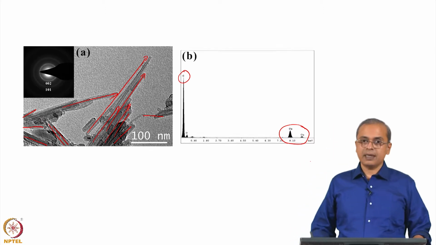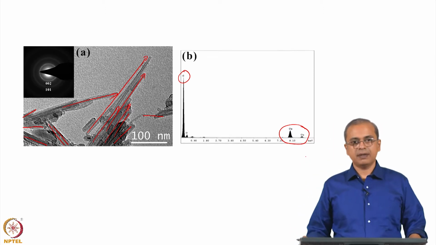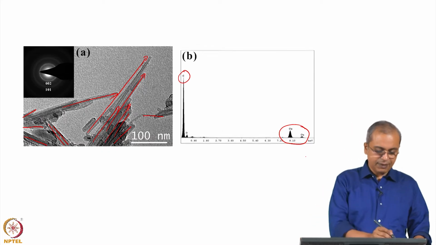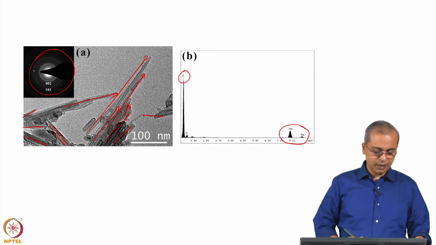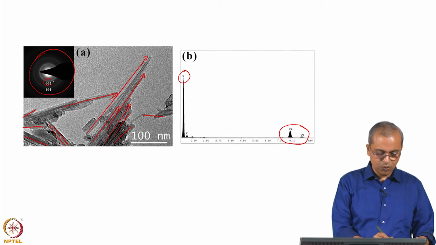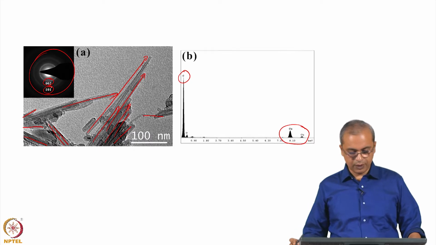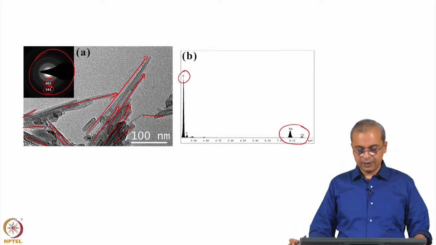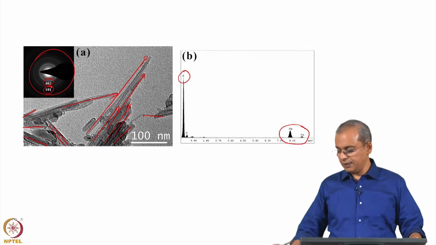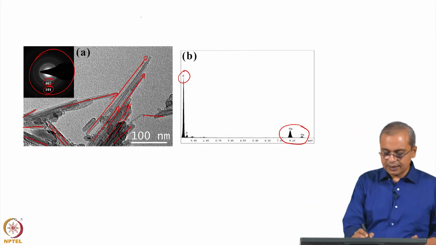So, this is what we see, straight tubes which are very evidently straight, and this is the diffraction pattern corresponding to it. It is indexed, you can see the 002 and 101 planes corresponding to this nanotube. So, this is what we see, and this, as I said, is arc discharge synthesized.